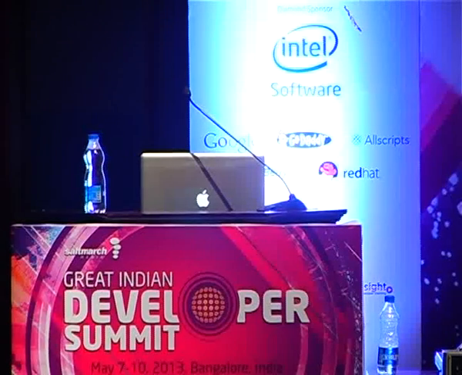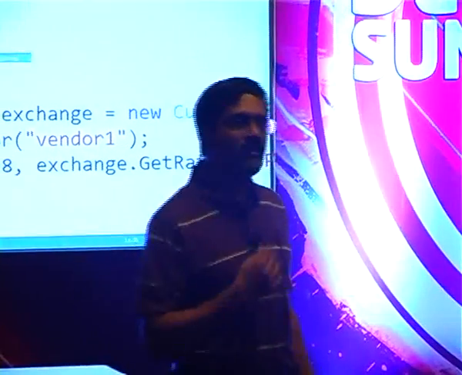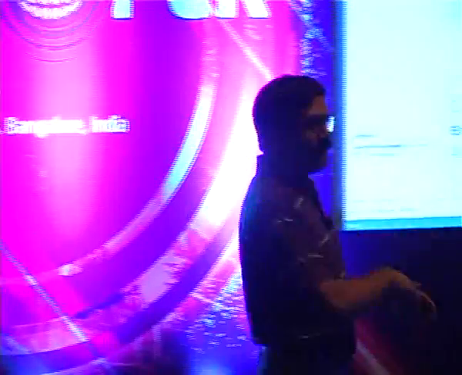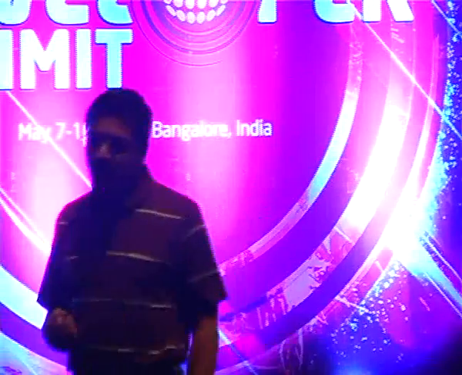And you know what that method is, right? It's called GetRate for vendor and currency. Now, if you recollect, the method name was GetRate for vendor name and currency. Unfortunately, we can overload functions in .NET, which means I could have multiple methods with exactly the same name. So how do you know which method we are dealing with?